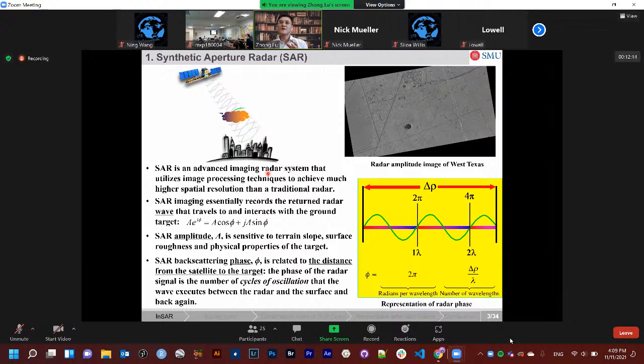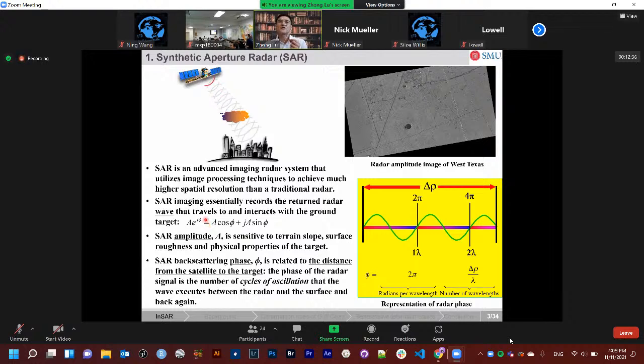After this synthetic aperture processing, you get a SAR image that basically represents the reflectivity of every ground target with certain resolution: a few meters, 10 meters, 2 meters. We now can get 25 centimeter resolution data, like what you see here. The image in InSAR has two layers of information.